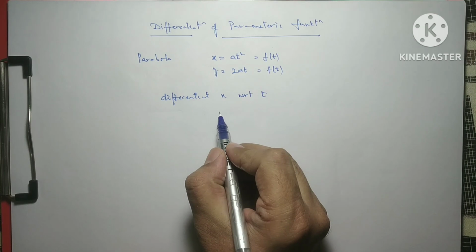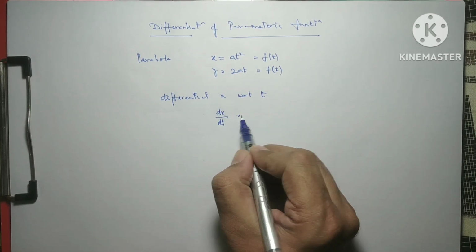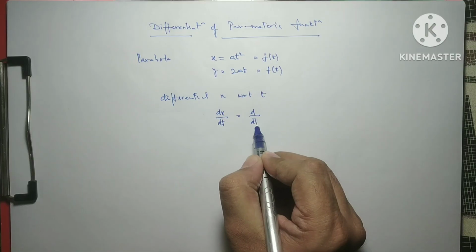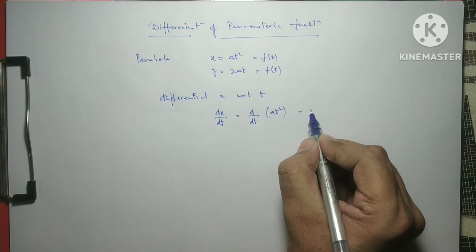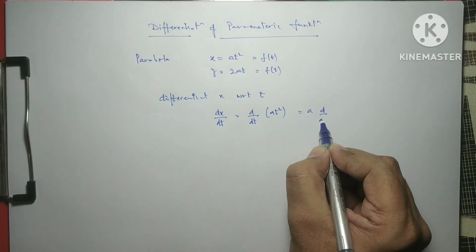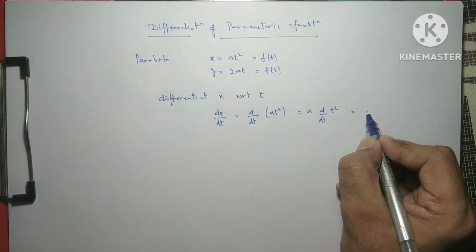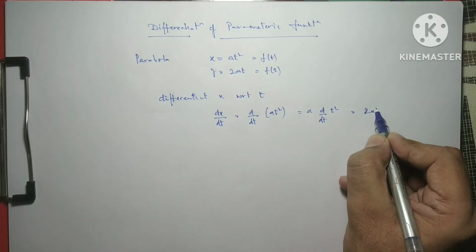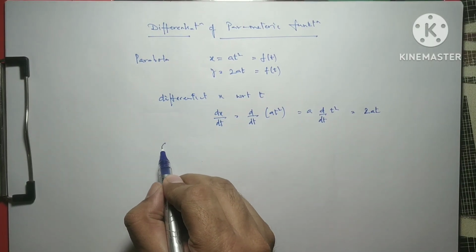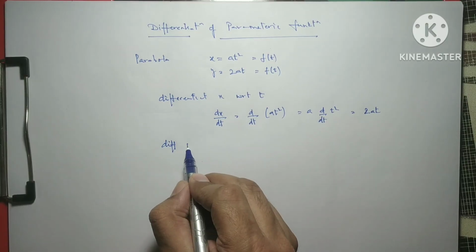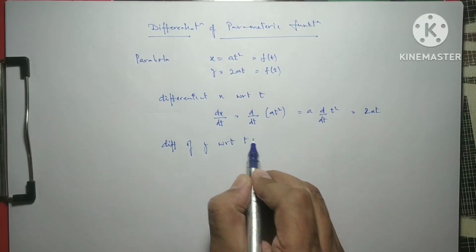So dx by dt means d by dt of at square. So a is constant, so the differentiation of t square is 2t, so 2at. And in the same way, the differentiation of y with respect to t.